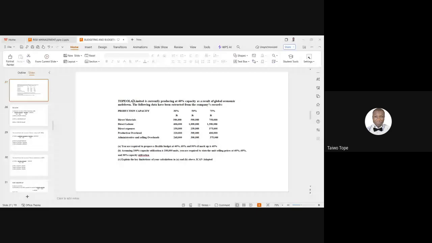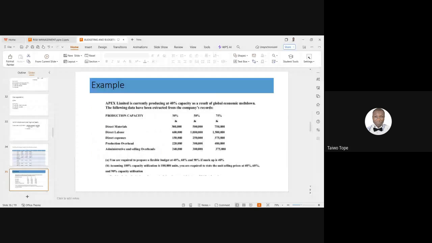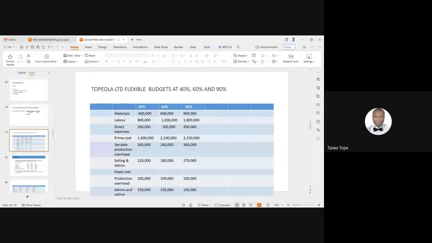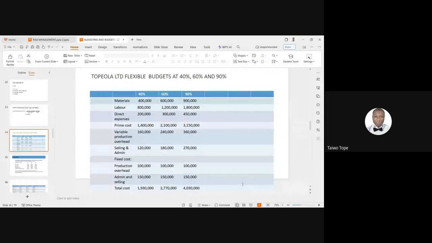So going back to what we've solved, our total cost at 40% activity level is what? 1,930,000.